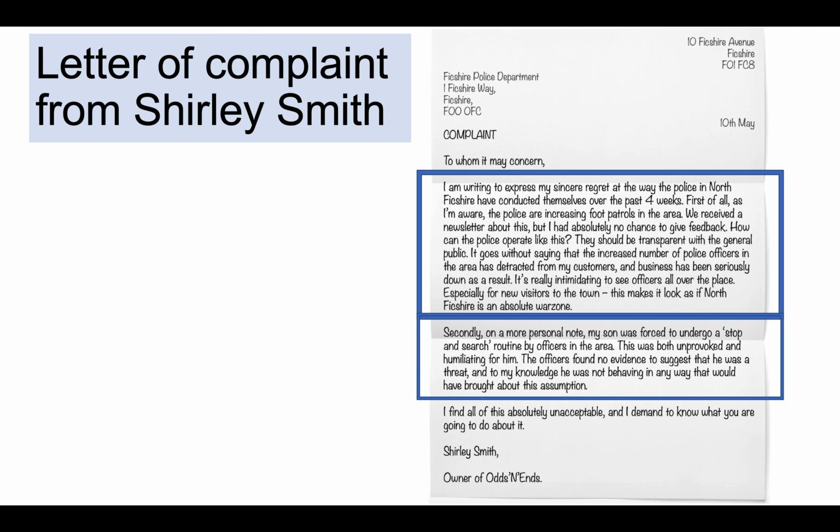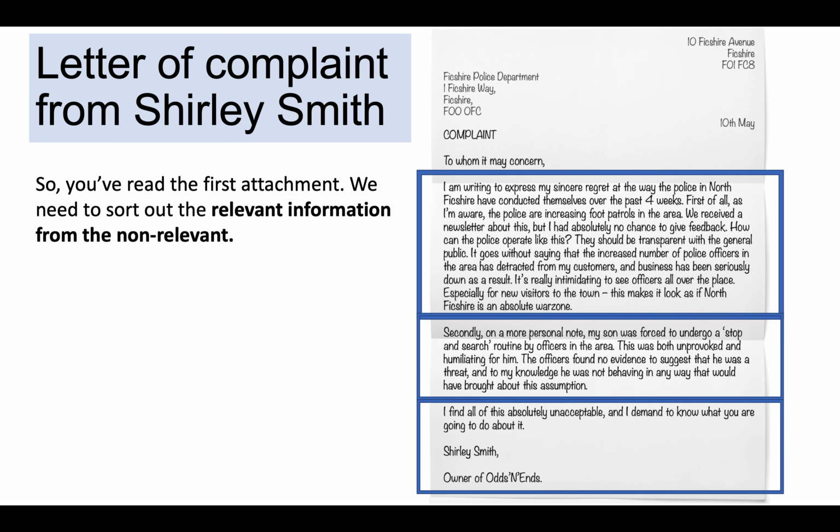Secondly, on a more personal note, my son was forced to undergo a stop and search routine by officers in the area. This was both unprovoked and humiliating for him. The officers found no evidence to suggest that he was a threat, and to my knowledge he was not behaving in any way that would have brought about this assumption. I find all of this absolutely unacceptable, and I demand to know what you are going to do about it.